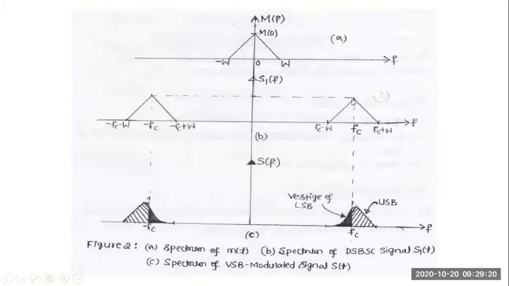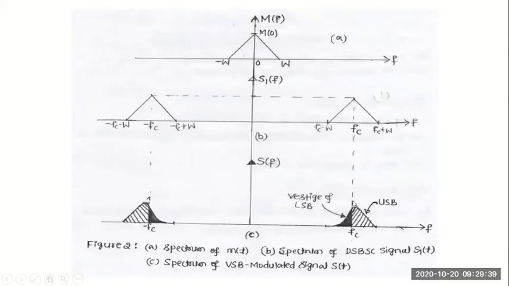So M(f minus fc) is this right hand side spectrum, and M(f plus fc) is your left hand side spectrum. Okay.